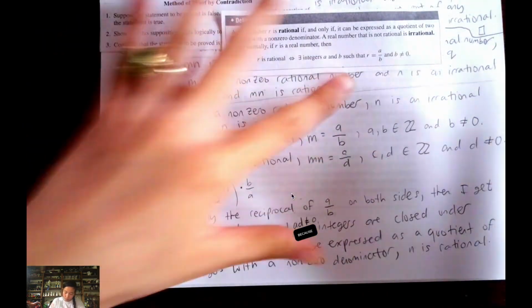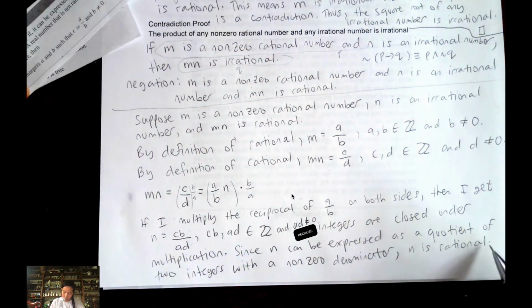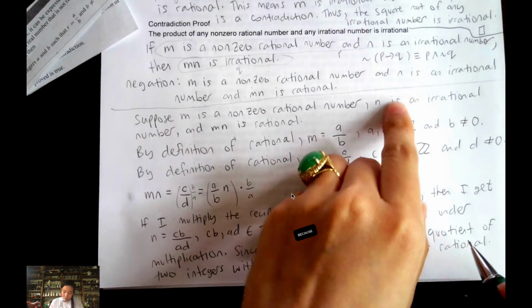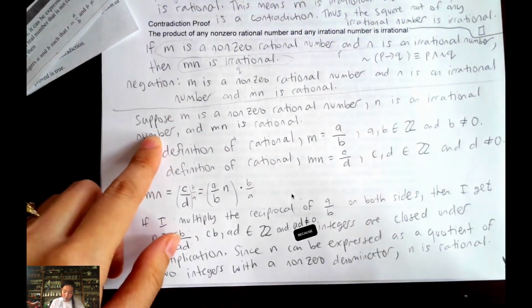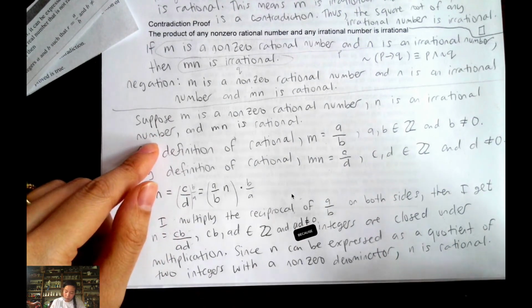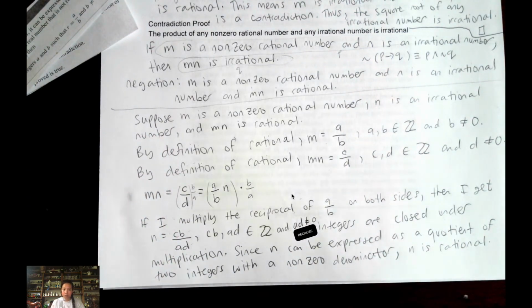So we just said that n is a rational number, but up here we said n is an irrational number, right? So n can't be irrational and rational at the same time. So we have a contradiction.